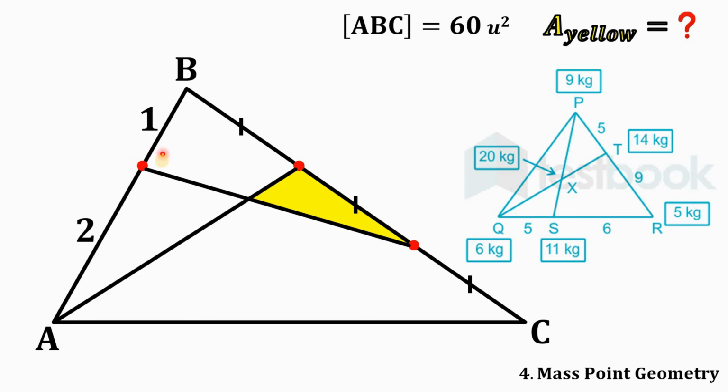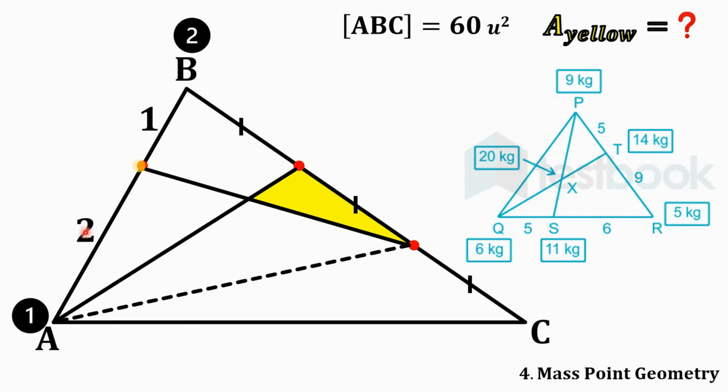So first, let's connect this A and this vertex. Now we can set the mass for A. This is just 1. And this B, this is just 2. And the mass of this point between A and B must be equal to 2 plus 1 or simply equal to 3. Now since these two segments are the same thing, the mass of this point right over here must be equal to 2 also.